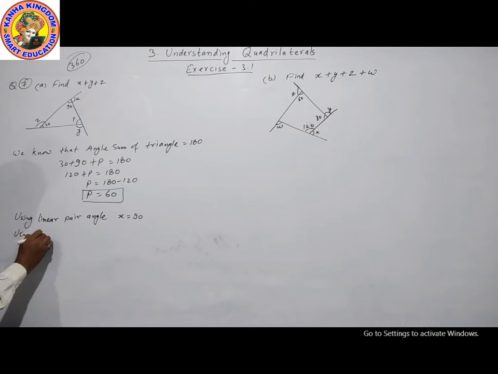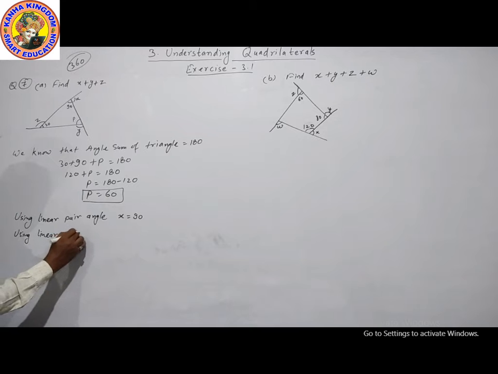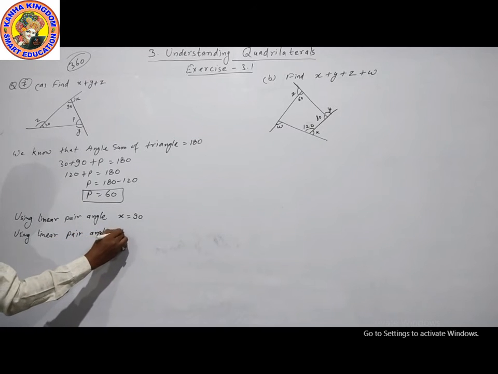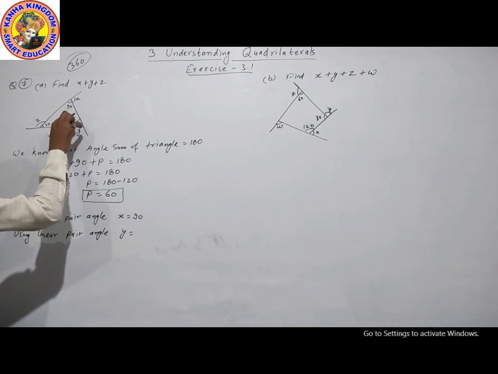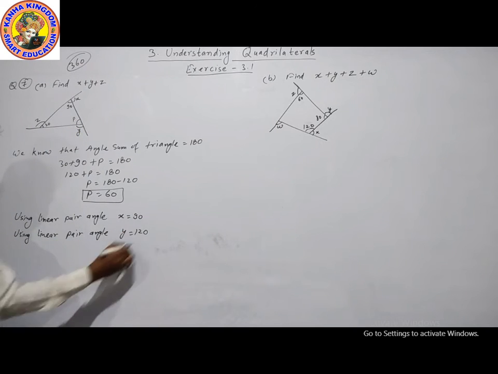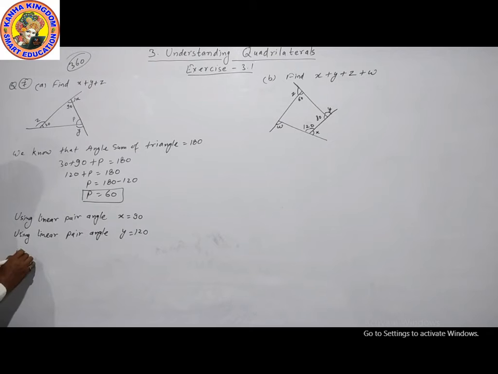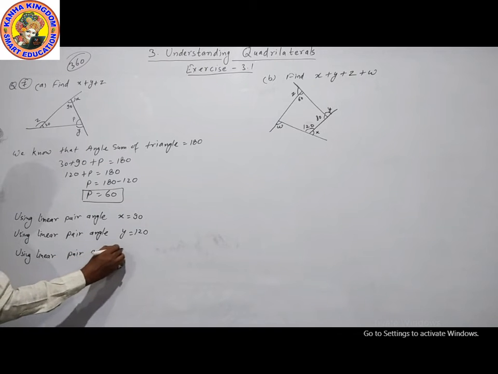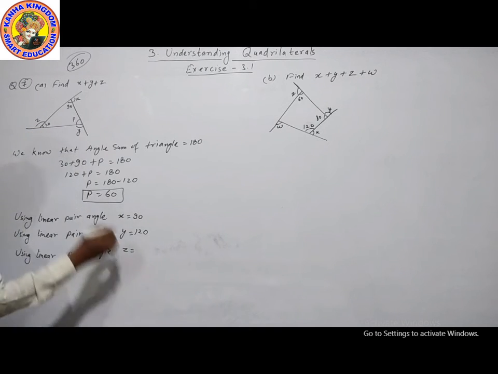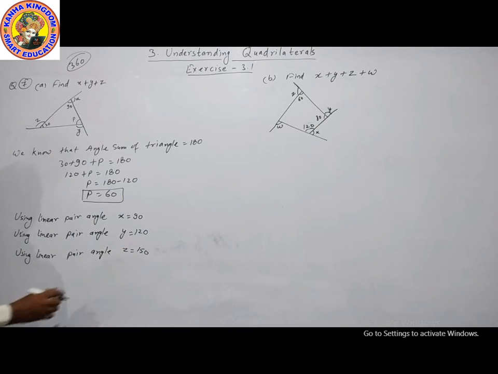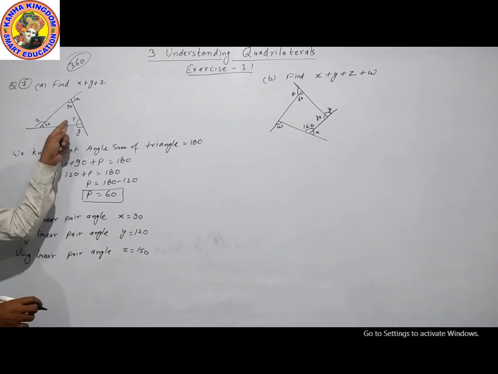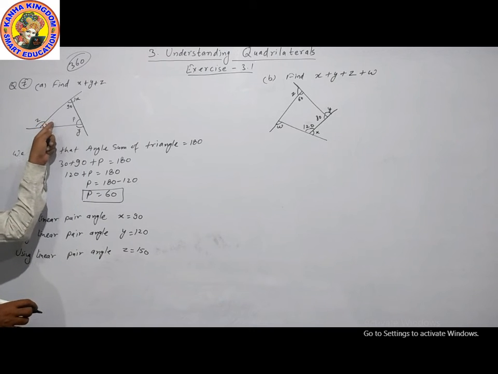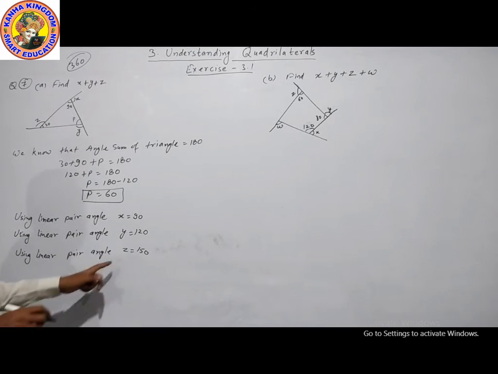Using linear pair, angle y is equal to, P is 60, so y is 120. Using linear pair, angle z is 150. 180 minus 90 is 90, 180 minus 60 is 120, 180 minus 30 is 150. We have found the value of x, y and z.